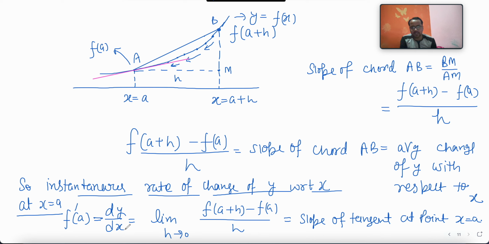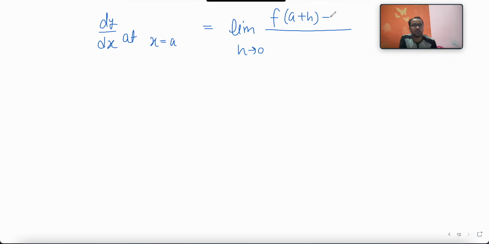And dy by dx at x equal to A. Okay, this is not exact dy by dx, it is dy by dx at x equal to A. So from here you can understand that the dy by dx at a point x equal to A can be written as limit h tends to 0 f of a plus h minus f of a upon h.